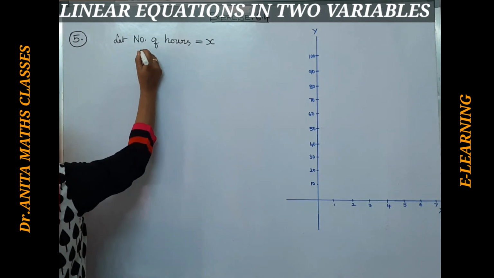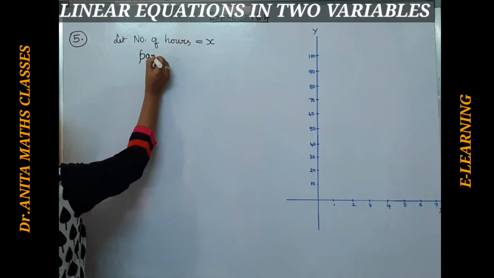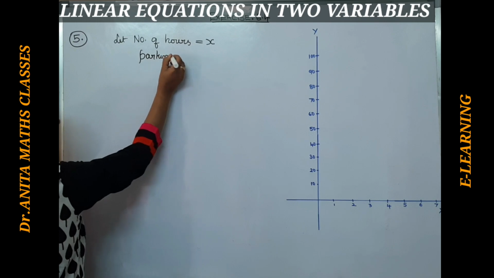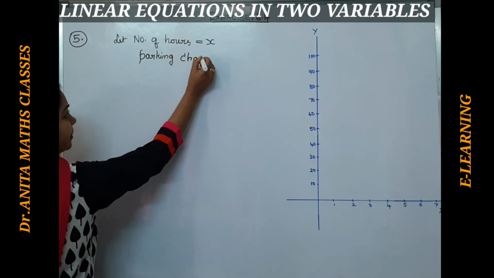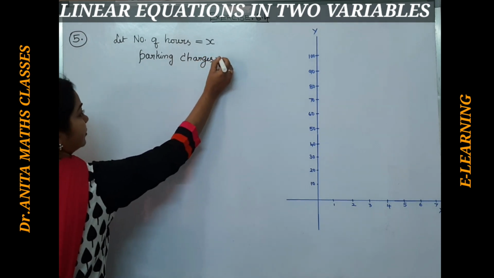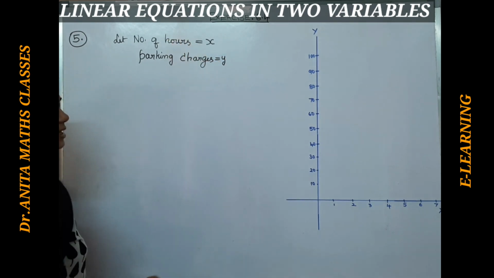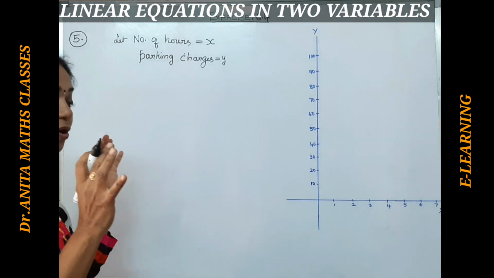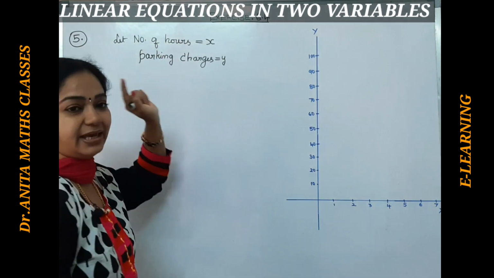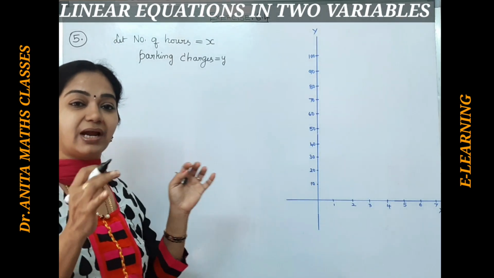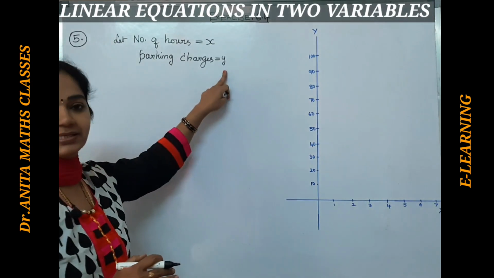And the total parking charges, let the parking charges be y. I'm supposing these two as x and y. The hours the car is parked we take as x, and the charges for that parking we take as y.